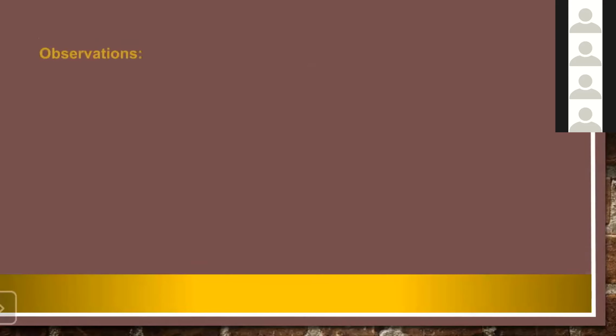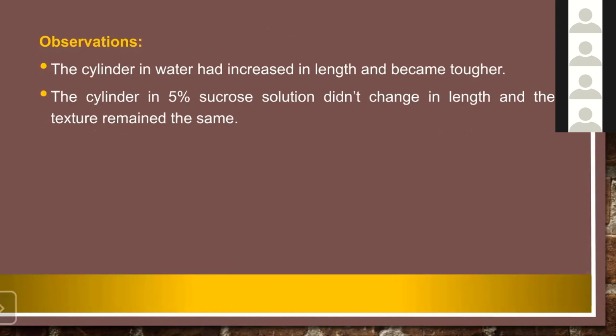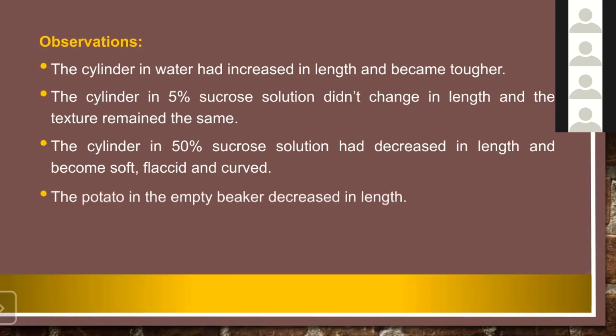So, observations for this experiment. Allow one of you to read for me through those observations. Go ahead. The potato cylinder in water had increased in length and become tougher.